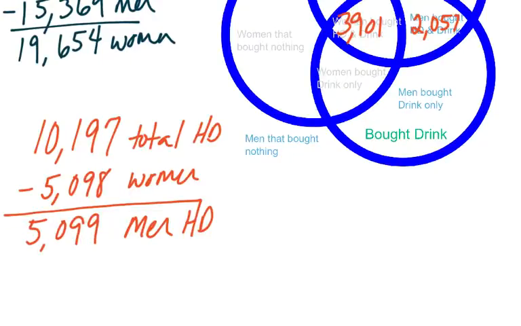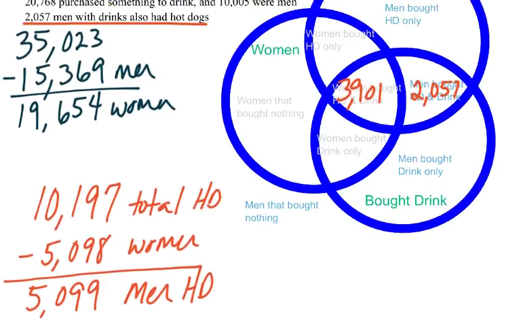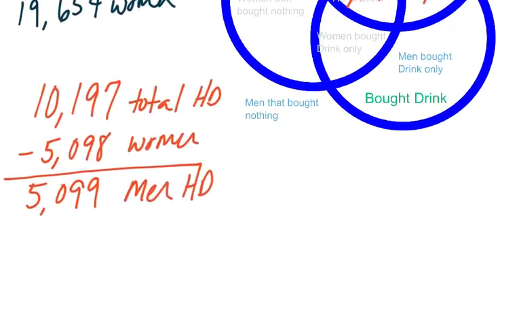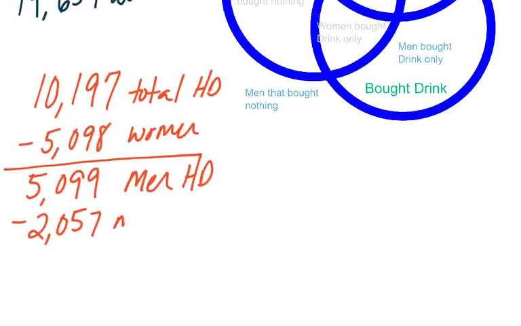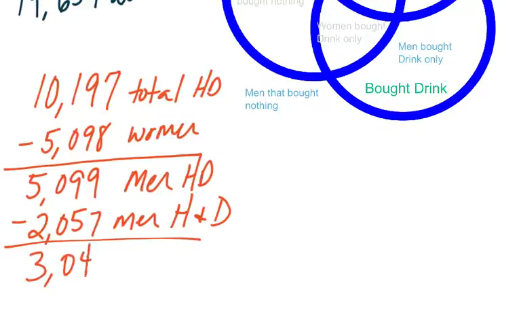And if we can figure out the number of men that purchased a hot dog and then take away those that also purchased a drink, 2,057, that's men with a hot dog and a drink, we can subtract 2,057 and get 3,042 men with only a hot dog.